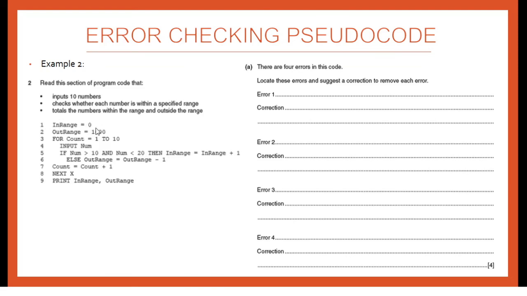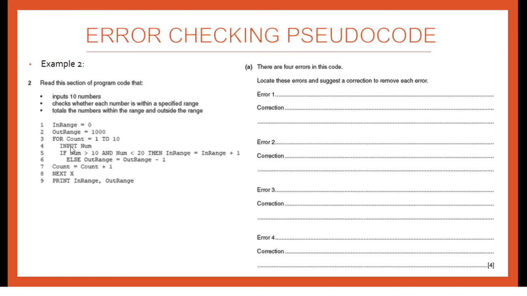In range is equal to 0, out range is equal to 1000, for count is equal to 1 to 10. Input num. If num is greater than 10 and num is less than 20, then in range is equal to in range plus 1. Else out range is equal to out range minus 1. Count is equal to count plus 1, and next x, then print in range and out range.